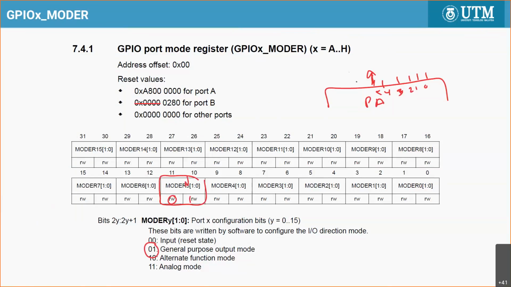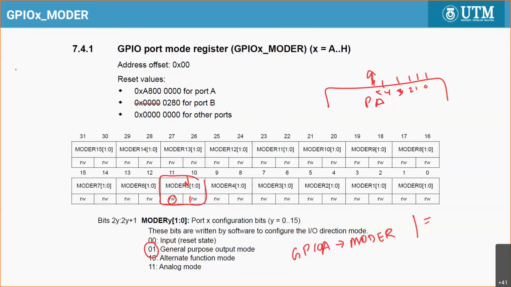So what you need to do is actually, if you want to do it manually, you have to do it this way: GPIO A mode register. Okay, assuming we are using CMSIS. So just use these labels. Now we have to turn on that bit. That is bit number 10.